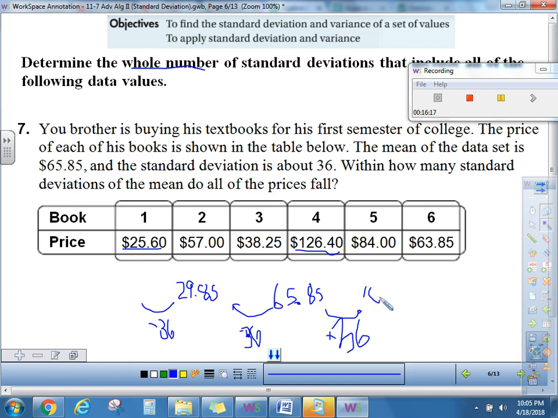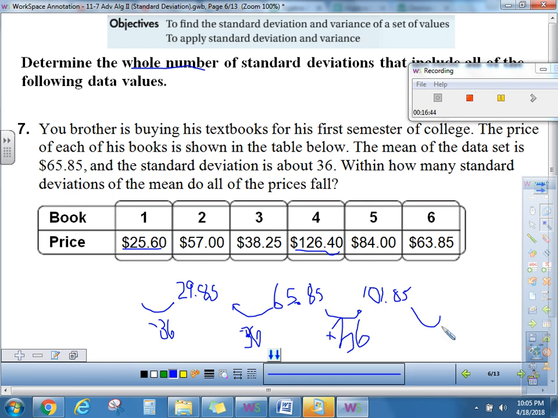Now, worst case scenario, how many standard deviations do we need to go from our mean to hit all of our data? 101.85. So then we're going to have to add 36 again, and that's going to take us above that 126, thank goodness.